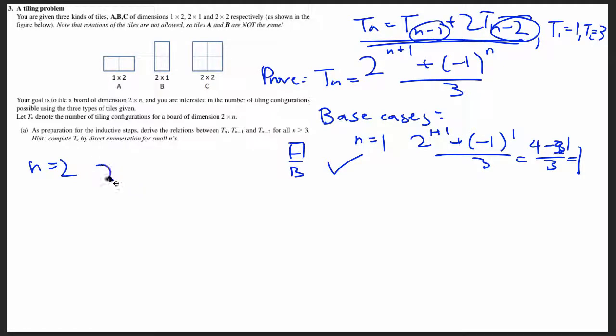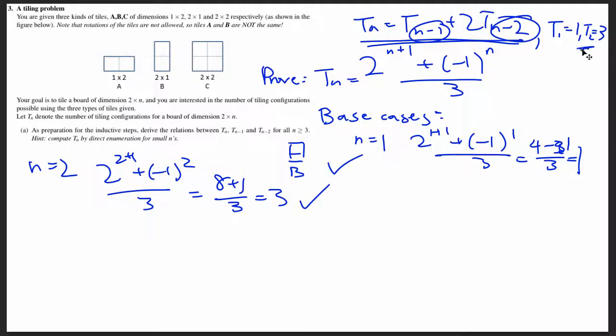So for n equals 2, we have 2 to the 3 plus negative 1 squared over 3, which is 8 plus 1 over 3 equals 3. And this matches our original enumeration, where you had 2B, 2A, and C.